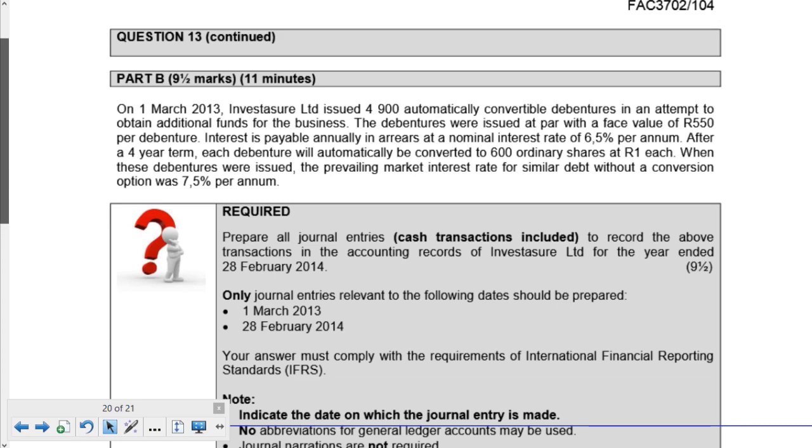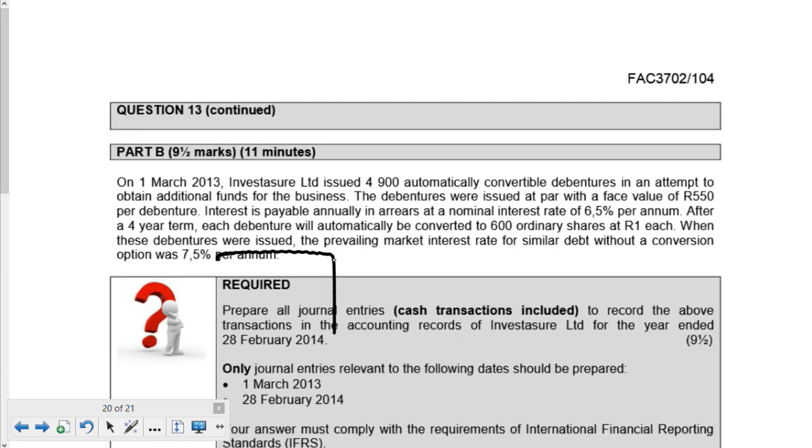So there is no future value this time, isn't it? So automatic conversion, there's no obligation to redeem. There won't be any redemption ever. It will automatically convert. So again, they want you to do, for 9.5 marks this time, all the journal entries for the year end, February 14. We again are dealing with year one. So in both cases, year one.